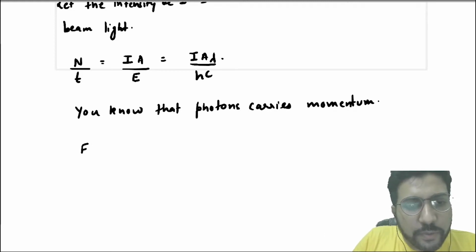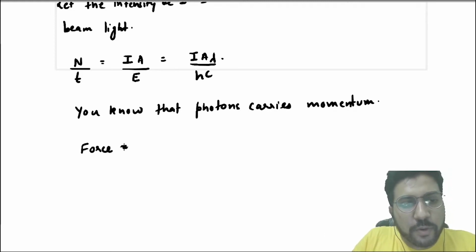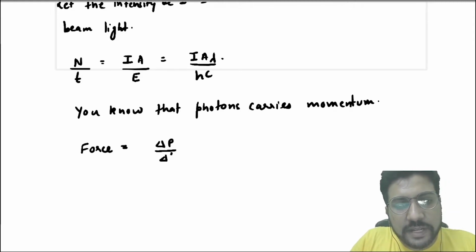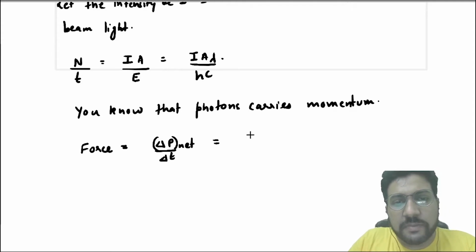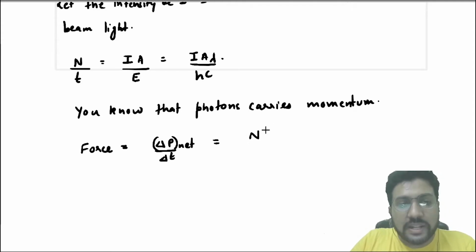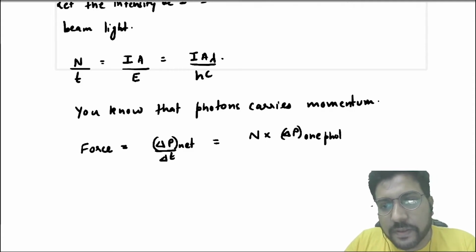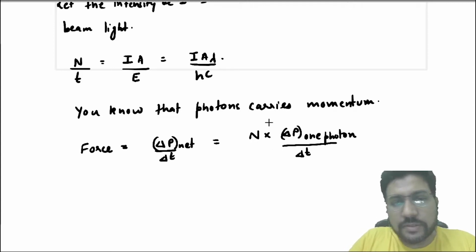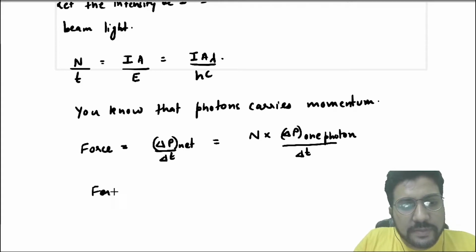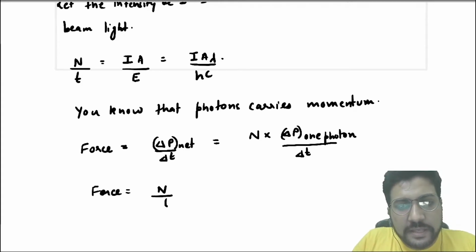You know that force is equal to change in momentum per unit time. The net change in momentum will be the total number of photons multiplied by the change in momentum of one photon, divided by time. So force can be written as N by t multiplied by the change in momentum of one photon.